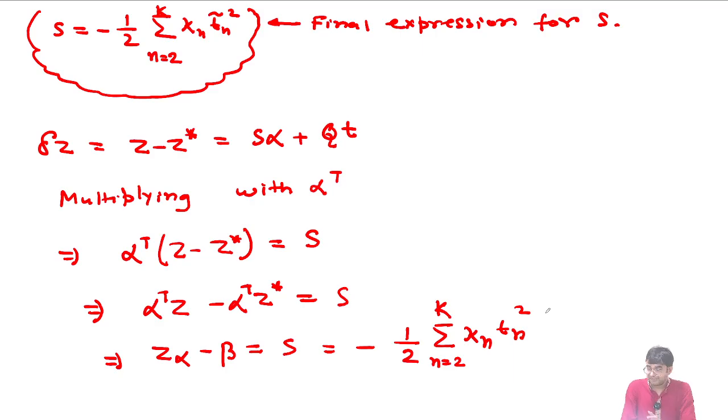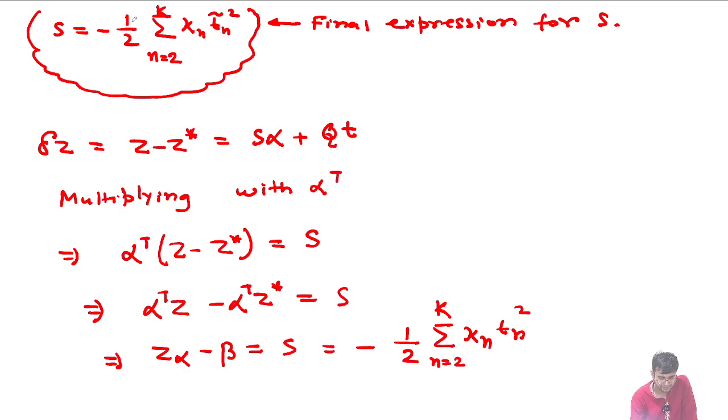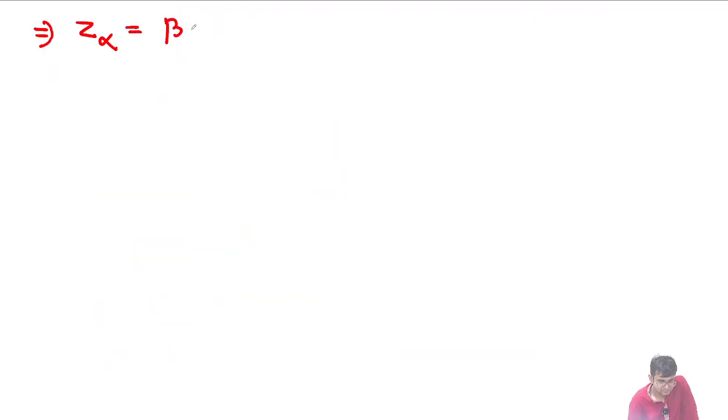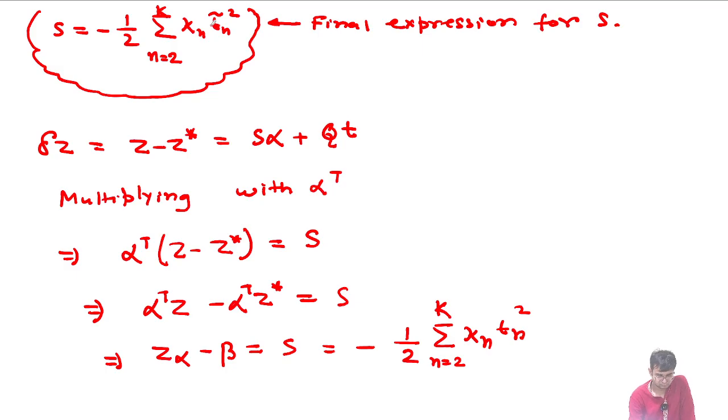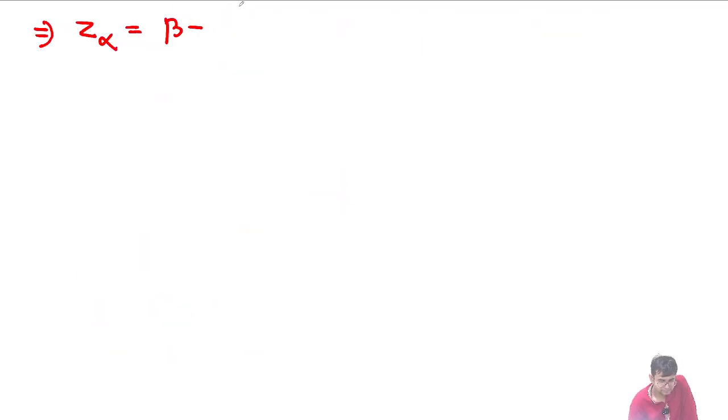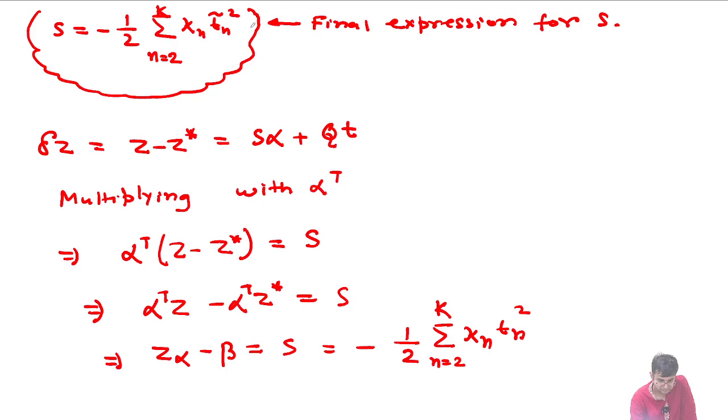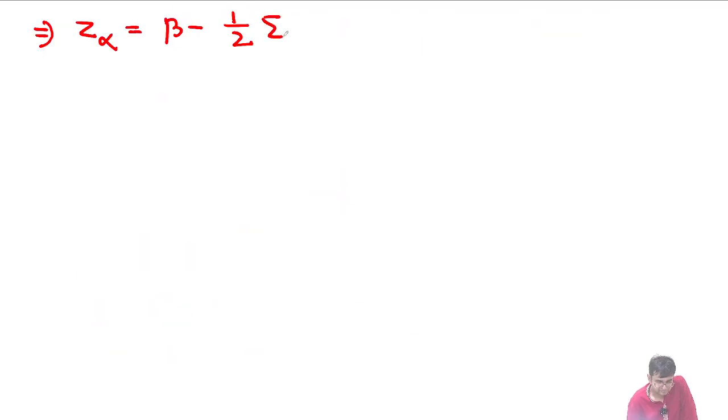Alpha is in the subscript, I mean Z1, Z2 like that. So therefore, Z alpha is equal to beta minus half summation n equals 2 to capital K kappa n T tilde square n.